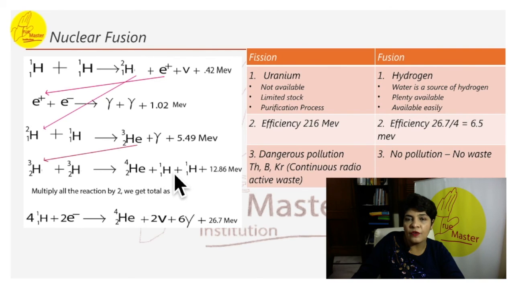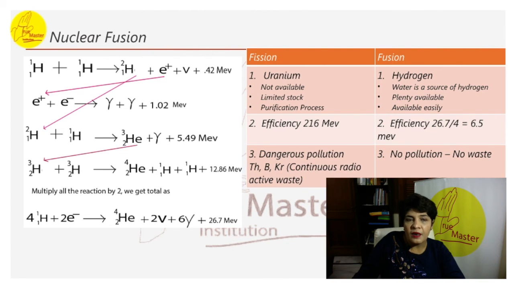The amount of energy coming out is 12.86. When we multiply all these reactions together, we can say 4 hydrogen plus 2 electrons will give you a helium product with an energy of 26.7 MeV. This is the amount of energy that is going to be coming out.